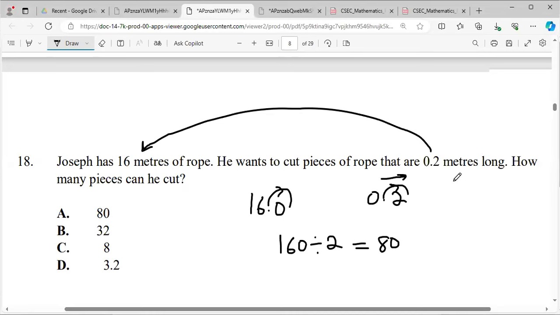The amount of places that you had to go to get rid of the decimal point for 2 is the amount of places I have to go for 16. So then you would get 16.0, but then you move the decimal point behind the 0, which would make it 160, and 160 divided by 2 equals 80.